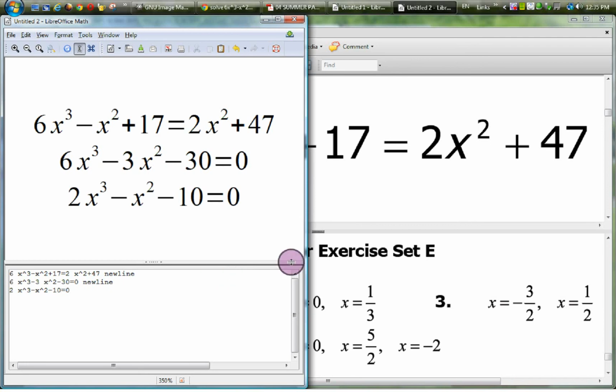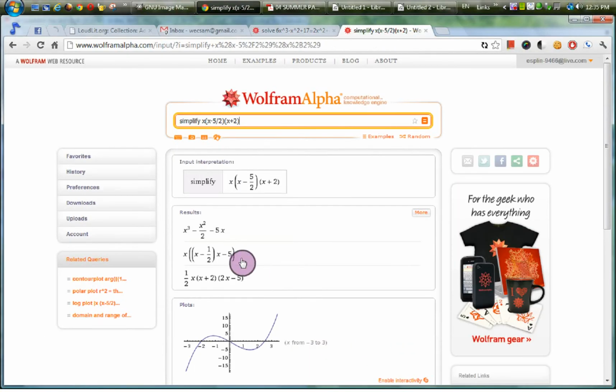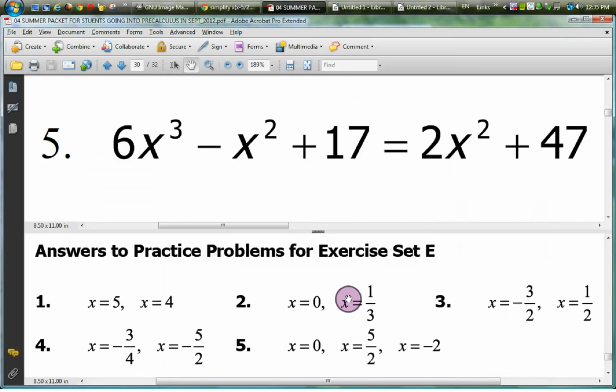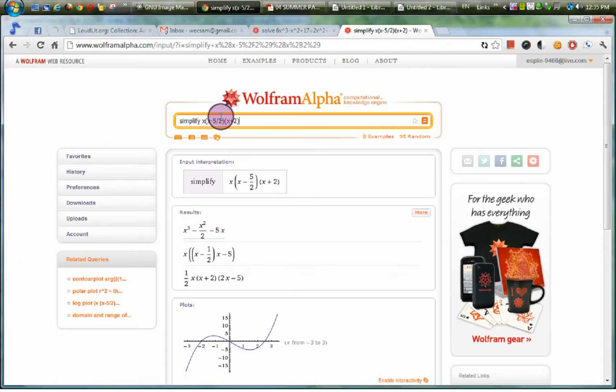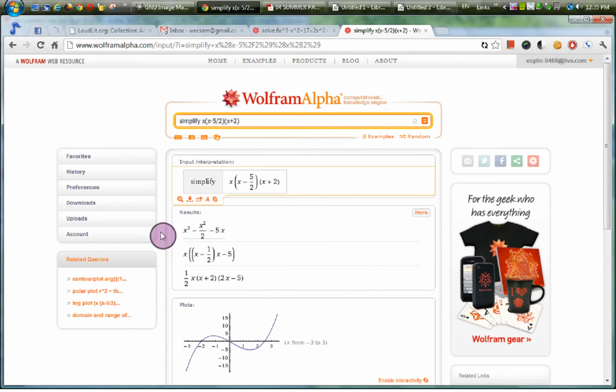Okay. Now, I took these answers and plugged them back into Wolfram Alpha. As you can see here, I took the factor of 0 and turned it into x, 5 halves into negative 5 halves, and negative 2 into 2, so I put those right there. And I asked Wolfram Alpha to simplify this. I could have also done this by hand, I guess. And it gave me x cubed minus x squared over 2 minus 5x.